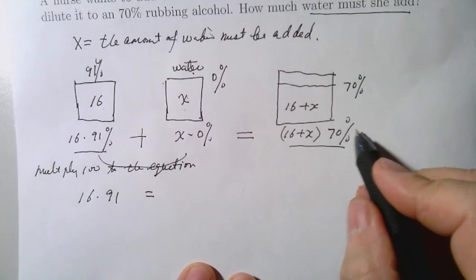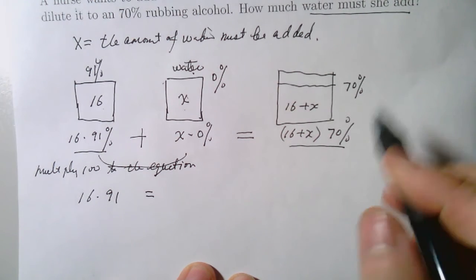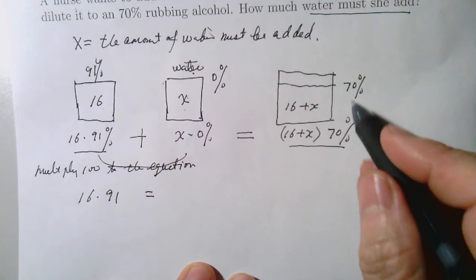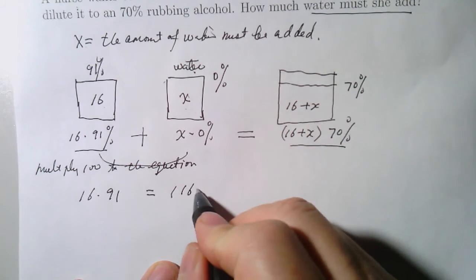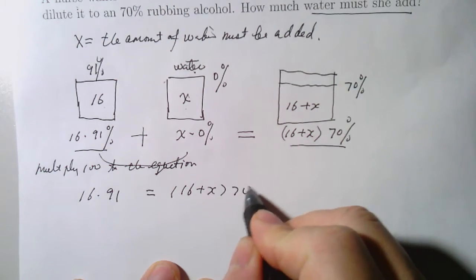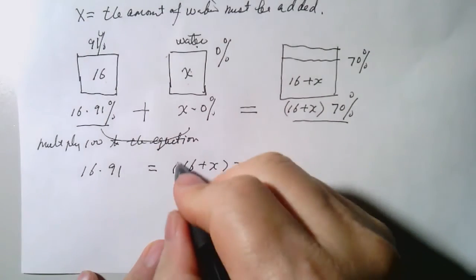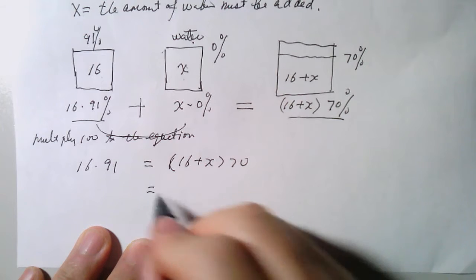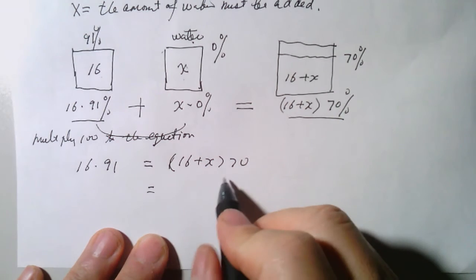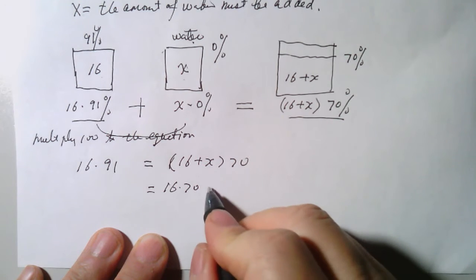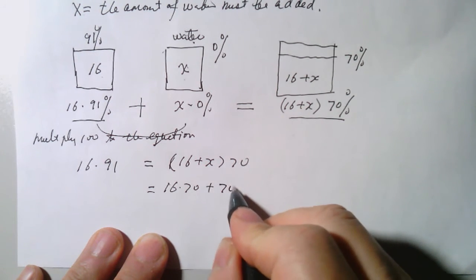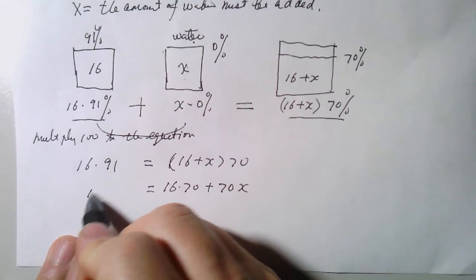Multiplying 100 by this term, you get 16 plus x times 70. Simplify: that's 16 times 70 plus 70 times x, and this is 16 times 91.